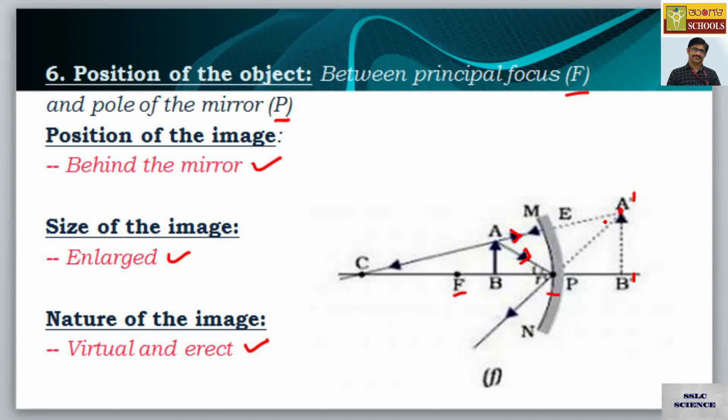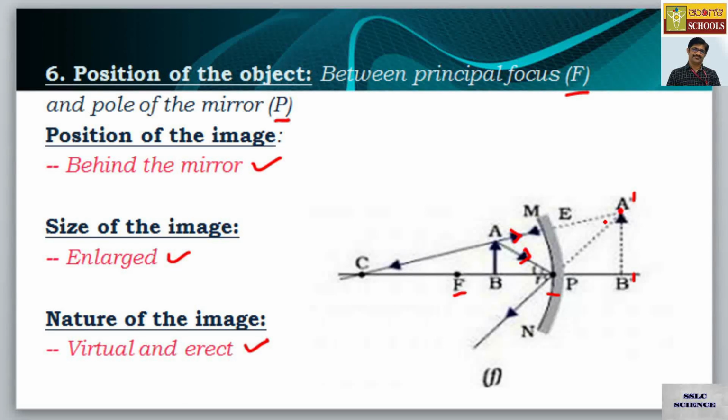The size is enlarged. The nature is virtual and erect. So up to the previous point, the image is moving away from the pole. Now when you bring the object between F and P, the image shifts behind the mirror.